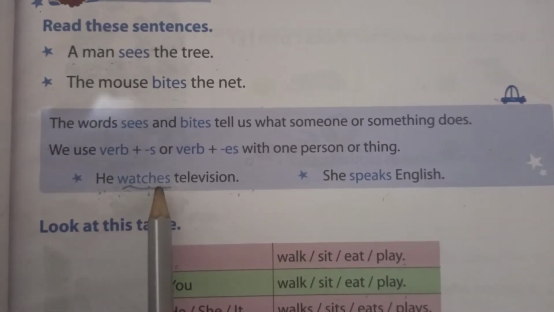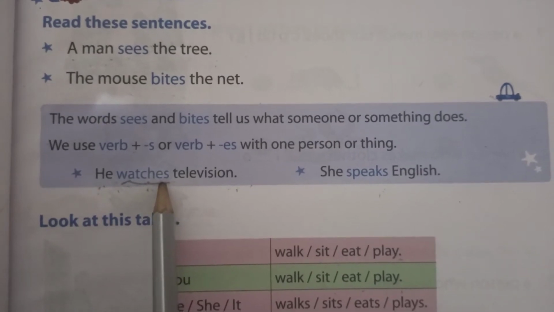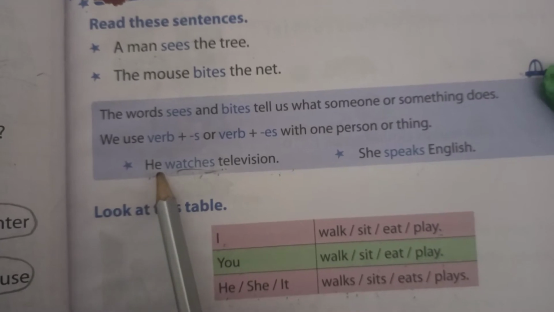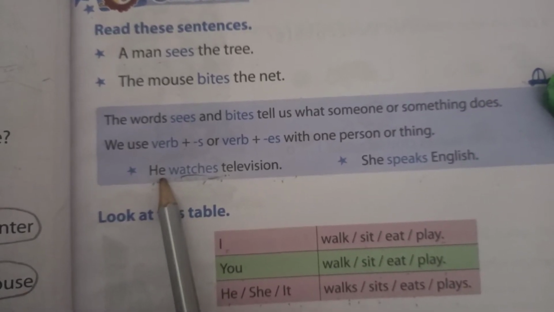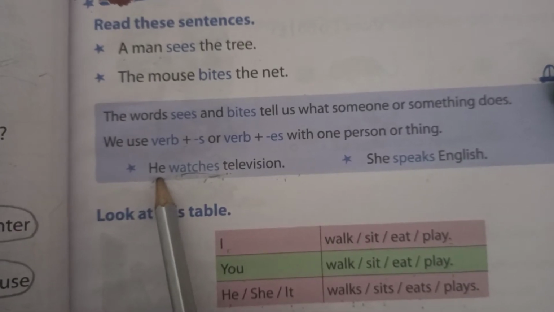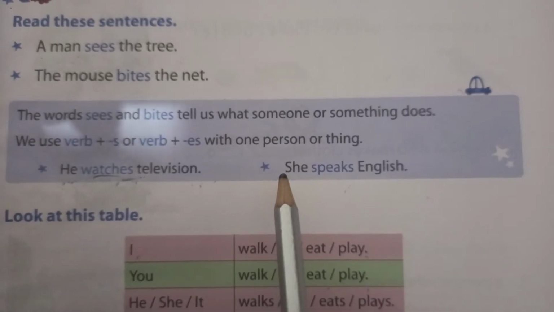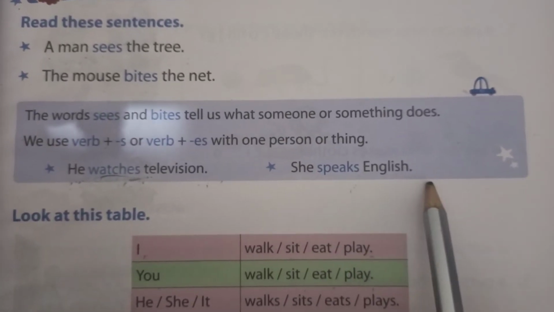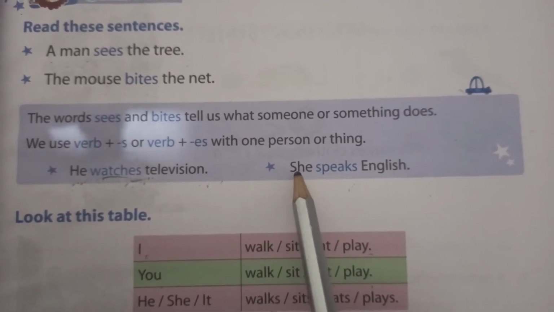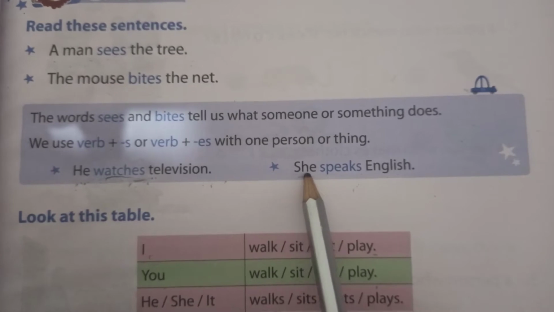So here you can see that the verb watches ends with es, because here the noun is singular. Here we talk about one person. Now look at the next sentence. She speaks English. Here also we are talking about one person. She is a singular noun.